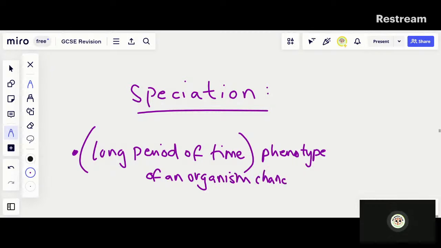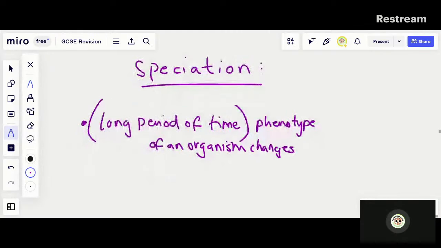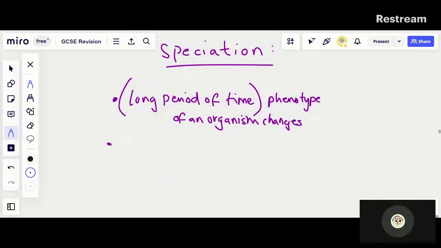So the physical characteristics of an organism change. For example, how humans used to have tails and now we don't have tails. That's an example of a physical characteristic in humans that is no longer prevalent. So over time, the phenotype of an organism changes, and it changes so much.